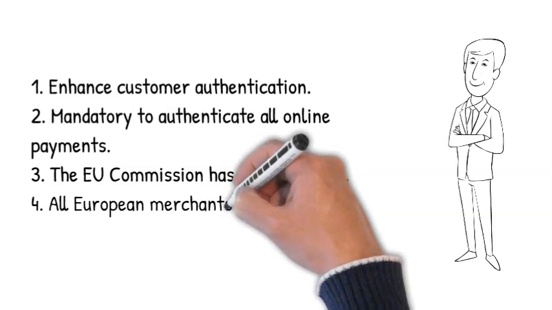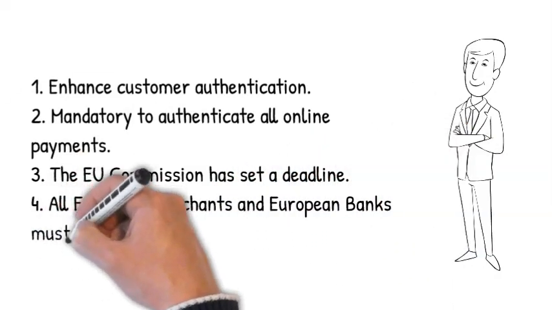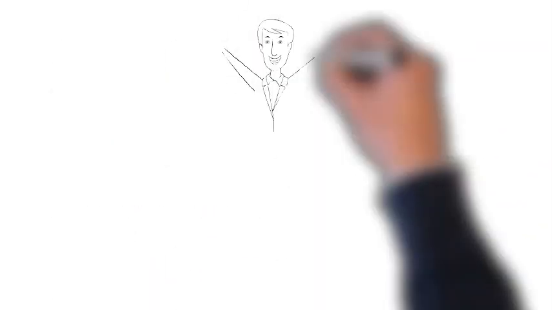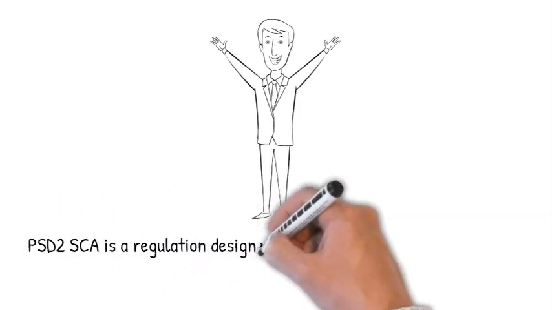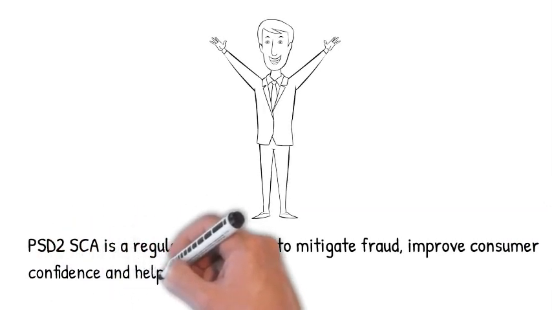European Commission has set a deadline by when all European merchants and European banks must comply. So in summary, PSD2 SCA is a regulation designed to mitigate fraud and stop the bad guys, improve consumer confidence, and help grow European economies.